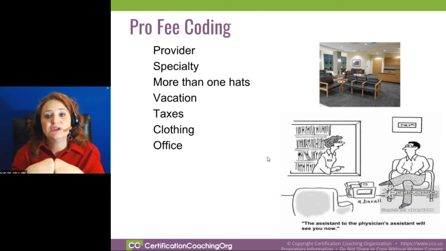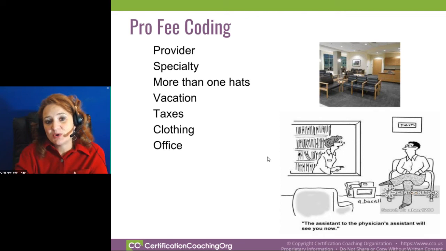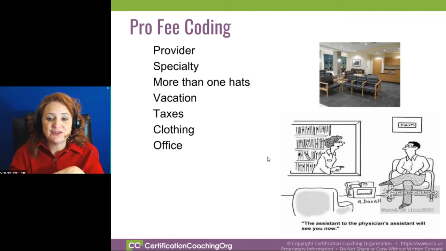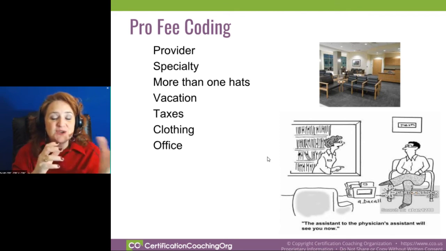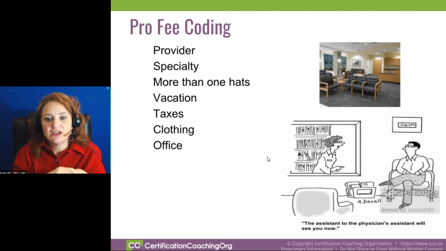You get to know which provider's not a morning person, which provider stays too long in the room with people, who's a talker. You know which provider will do whatever you need them to do if you give them chocolate. So-and-so has to have coffee all day long. Don't give so-and-so coffee or they'll be bouncing off the wall. You learn those things, and that's kind of comforting. It's very familiar to work in a doctor's office.